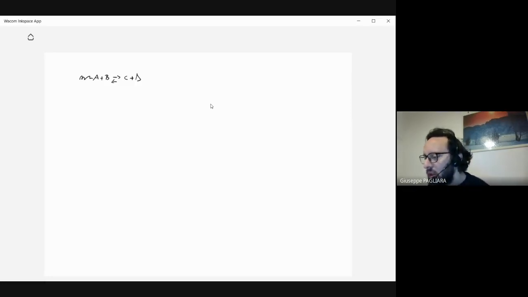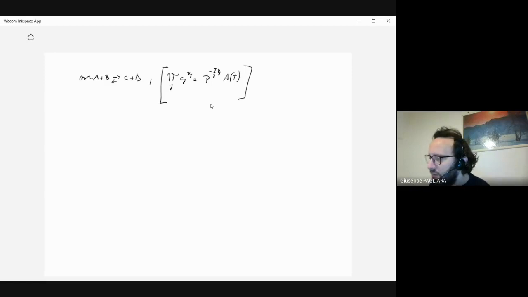This is rather general. Anyway, what we said is that if you take the product over j of c_j, where c_j is the concentration of particle j, to the power of nu_j, where nu_j is the stoichiometric coefficient, then this is equal to the total pressure of the system to the power of minus the sum of nu_j, times A of T.